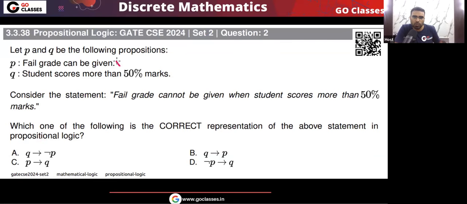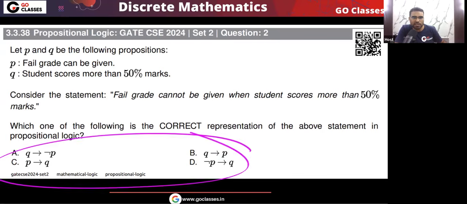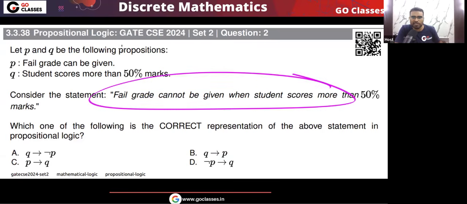Remember, two propositions are given to us, P comma Q. Now, this English statement is given to us: fail grade cannot be given when student scores more than 50% marks. The question is asking which of them is the correct propositional logic translation of this English statement.